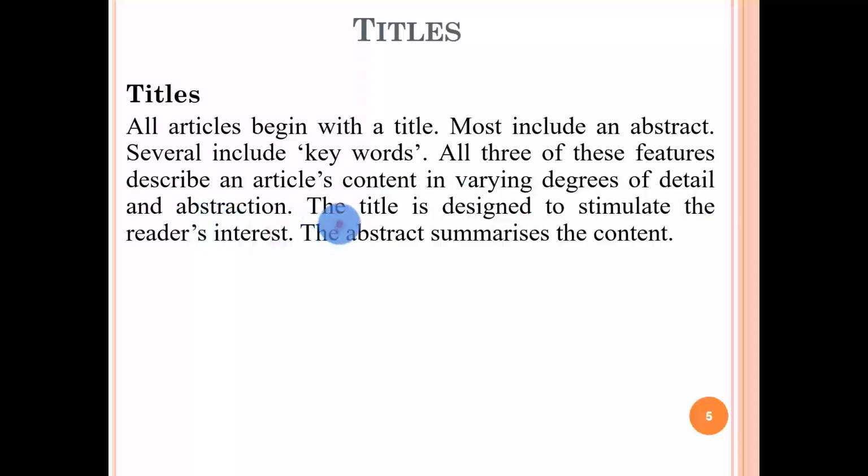Why do we have to have a title? The title is designed to stimulate the reader's interest. So whenever you read the title, it will attract your attention, okay, if you are interested in that field of study. The abstract, on the other hand, summarizes the content. So if you like the title, then you'll go for the abstract. Okay, then if the abstract seems fine for you, then you can go for reading the rest of the paper.